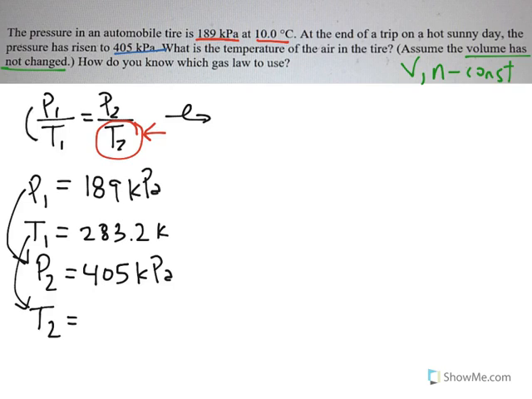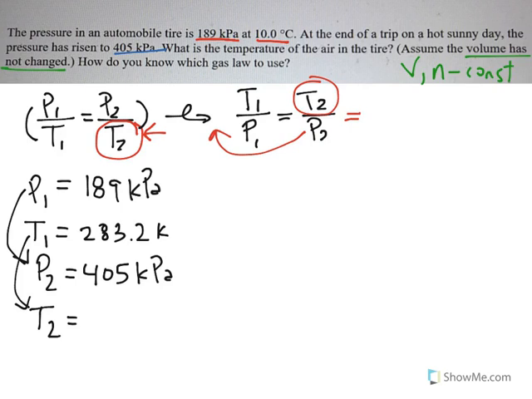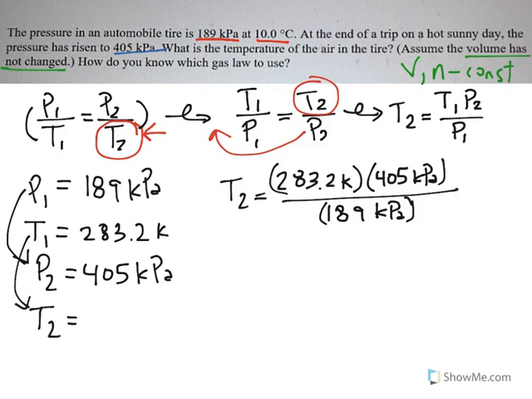So if P1 over T1 is equal to P2 over T2, then that also means that T1 over P1 is equal to T2 over P2. And since we're trying to solve for T2, we can just send P2 over to the other side. So that actually turns into T1 times P2 over P1. And we have those numbers, so we can just go ahead and plug them in and compute this.